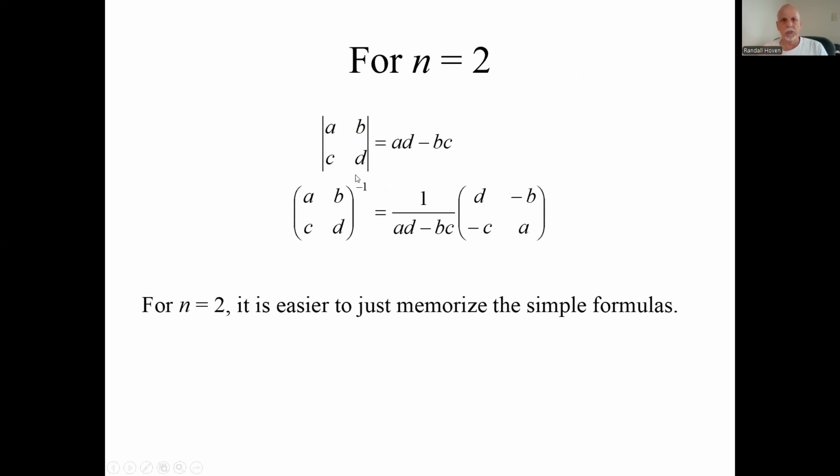For the determinant, it's just that x formula, the product of the main diagonals minus the product of the off diagonals. And for the inverse, the determinant's the same thing as up here, and the adjoint part, you just switch the main diagonals and change the signs of the off diagonals. It's just easier to memorize that.